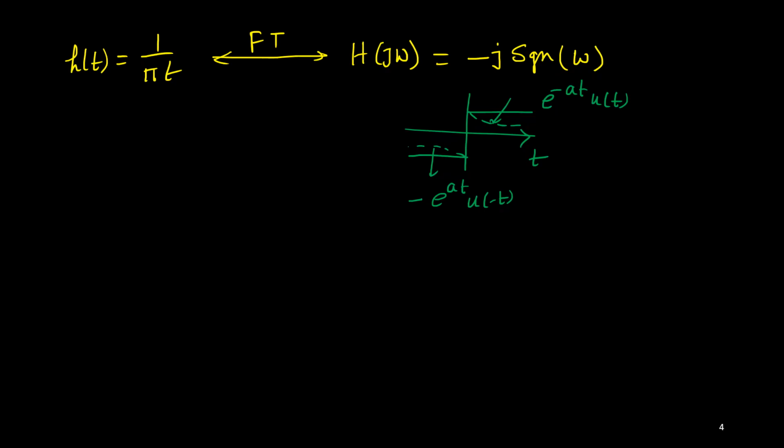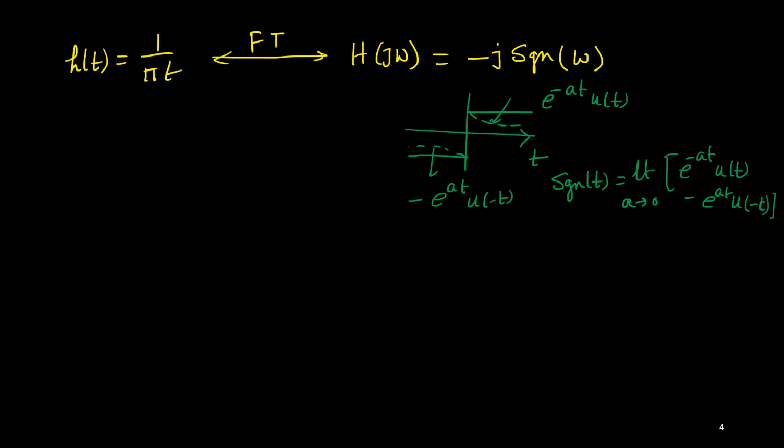If I add these two and then take the limit, the signum t is basically the limiting case, a tends to 0, of e to the power minus at u(t) and minus e to the power at u of minus t.